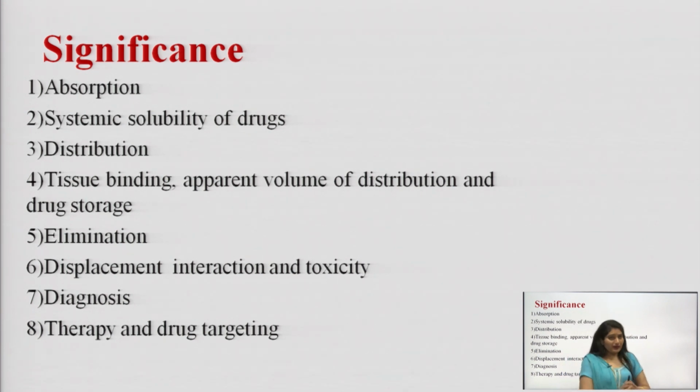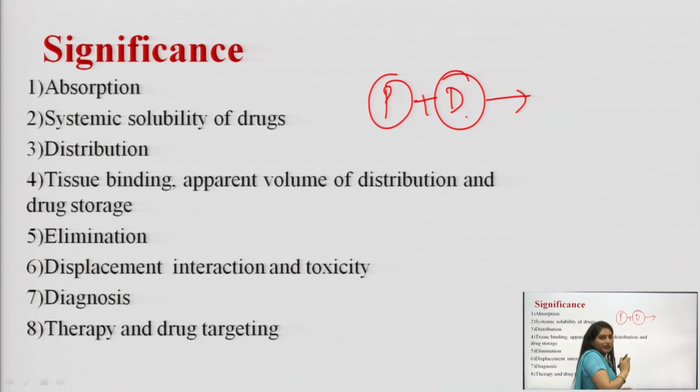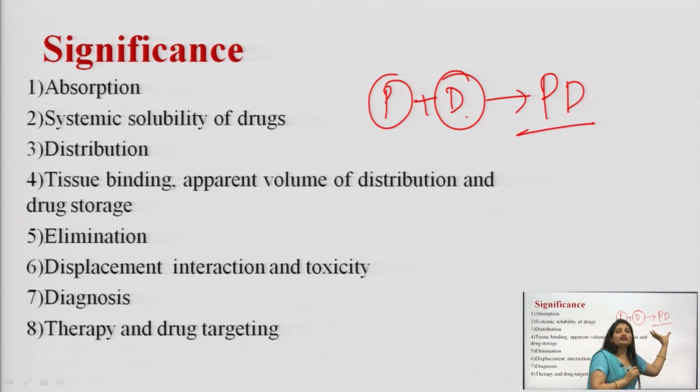See, if a drug molecule binds to the protein molecule, then there will be a formation of complex, and if the size of this complex is high so that it can't cross the GI membrane, in that case there will be a reduction in the absorption.